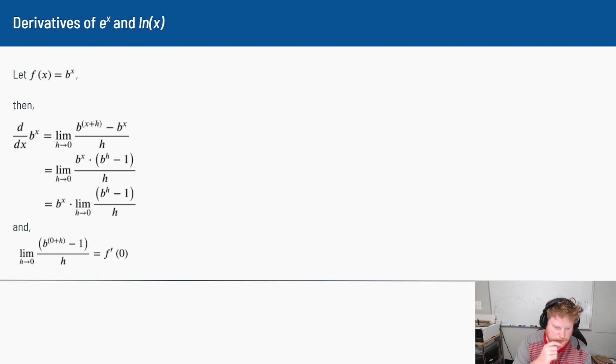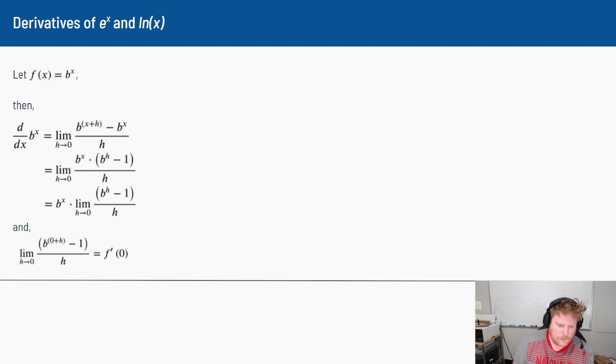And what we're left with here is what looks like a definition of derivative for some function, not just some function, but for f of x evaluated at 0.